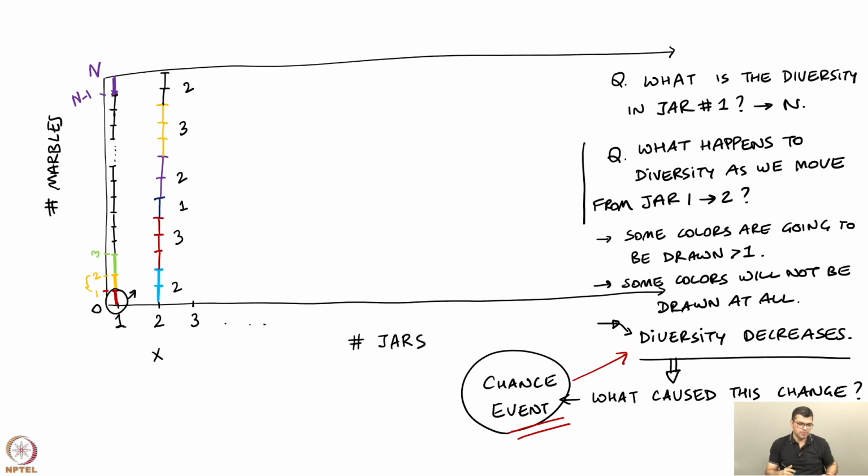This is our total population size, so n is 5, 6, 8, 10, 13, that is n. The question we answered is that as the game moves forward, diversity decreases. For instance, if this is what the game looks like in jar 2, maybe when we go to the next jar, maybe this color is lost, which leads to even lesser diversity. So, it will keep on going. The next question is, what is the ultimate end?